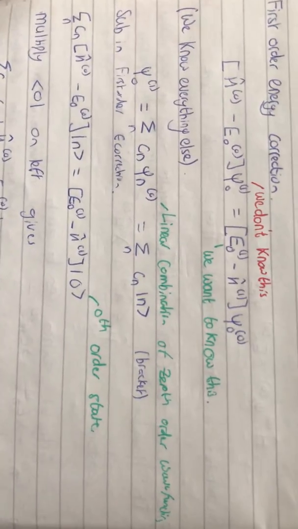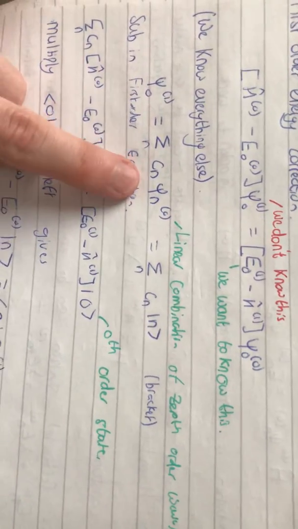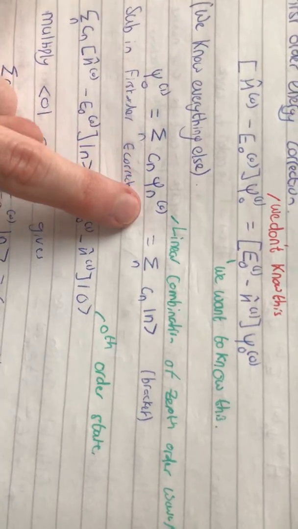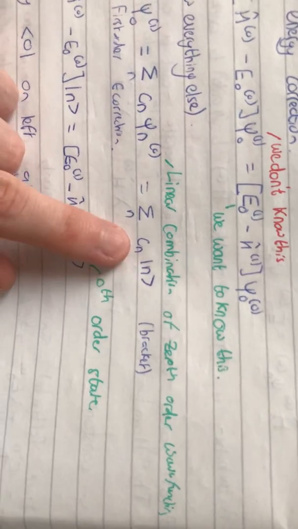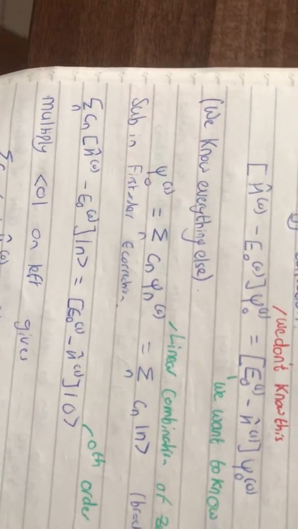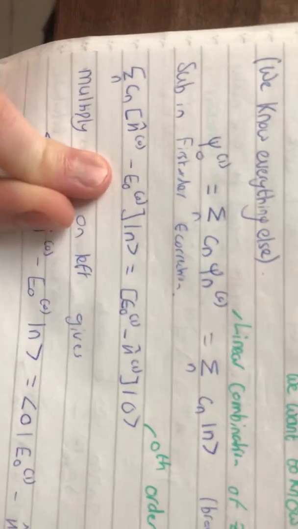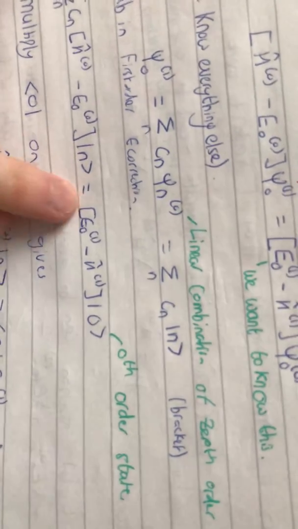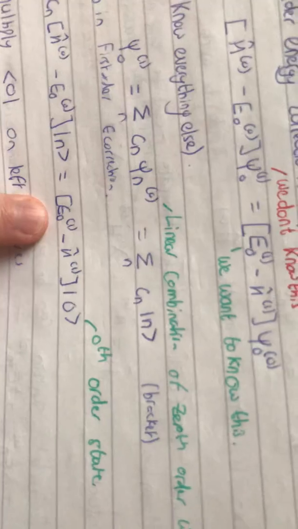To work out what this is, it's the sum of a linear combination of the zeroth order wave functions, which can also be written like this in bracket notation. If we sub in for the first order energy correction, we can get the sum of this term here, and that's the wave function essentially, with the bracket, and this as well, which is the zeroth order state.